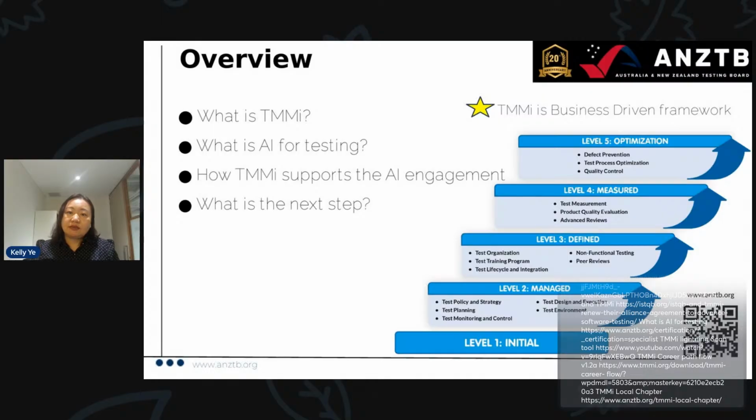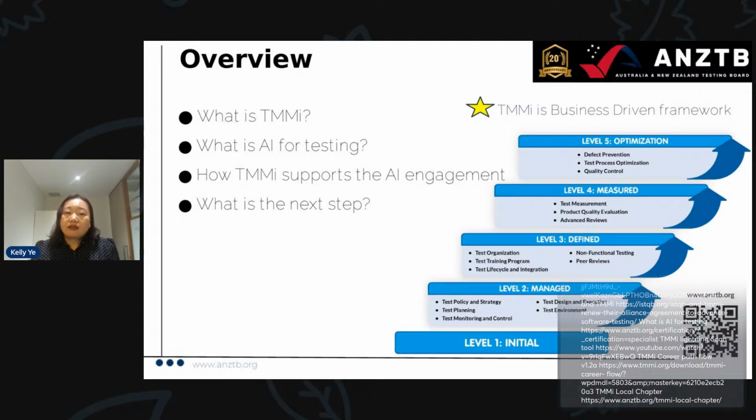Then TMMi has level 2 and level 3, which are more focused on day-to-day test activities. You can also see they have 10 process areas related to test planning, test design, test execution, peer reviews, and also non-functional testing. When you reach that, it means the organization has the processes in place.